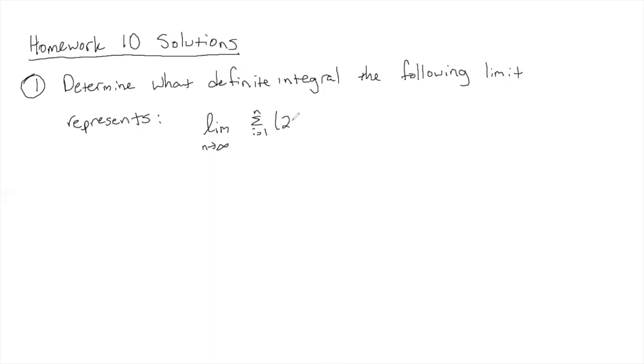N 2 plus 4I over n squared times 4 over 5n. Okay, so basically what this is asking is, usually we take the integral and then translate into limit definition, right?